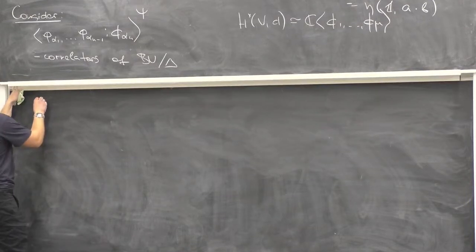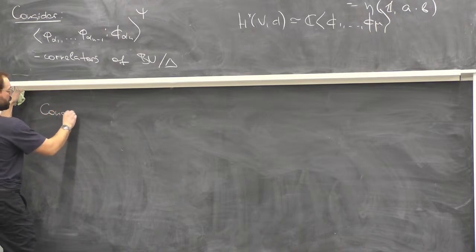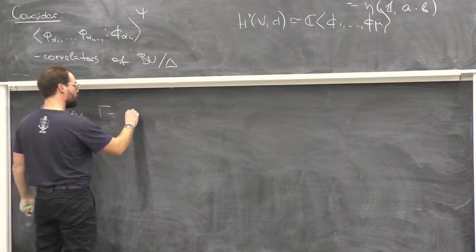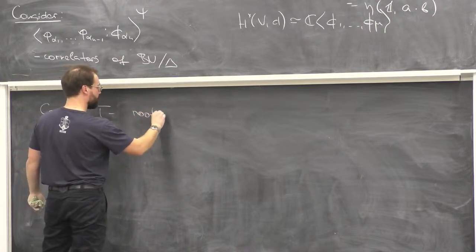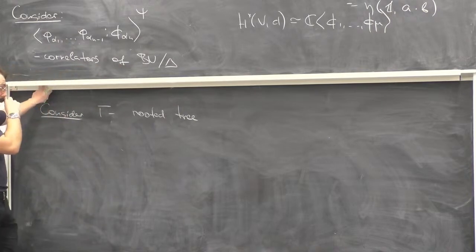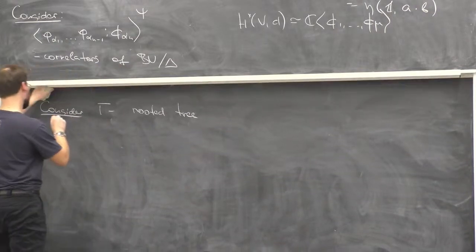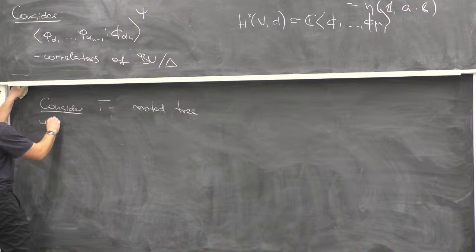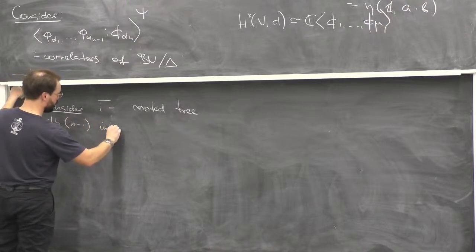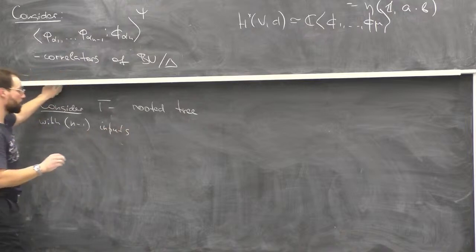So consider gamma to be rooted trees. I consider all the rooted trees with n minus 1 inputs and the root being the output.